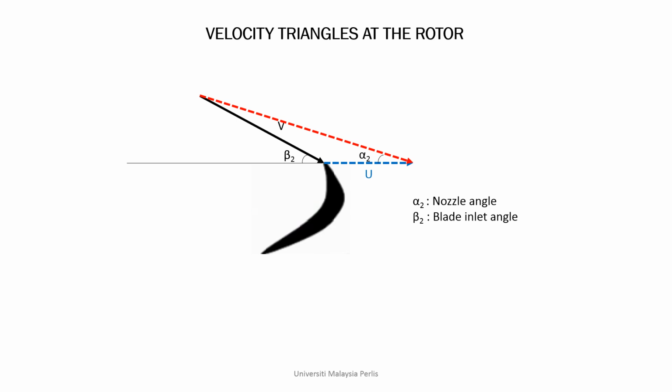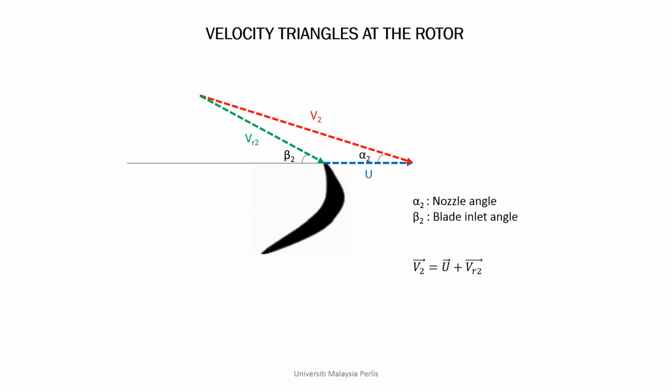The absolute velocity of the steam is represented by the red dash arrow, and the green dash arrow represents the steam relative velocity to the blade velocity. Here, looking at this velocity triangle, we can say that vector v2 is equal vector u plus vector vr2.